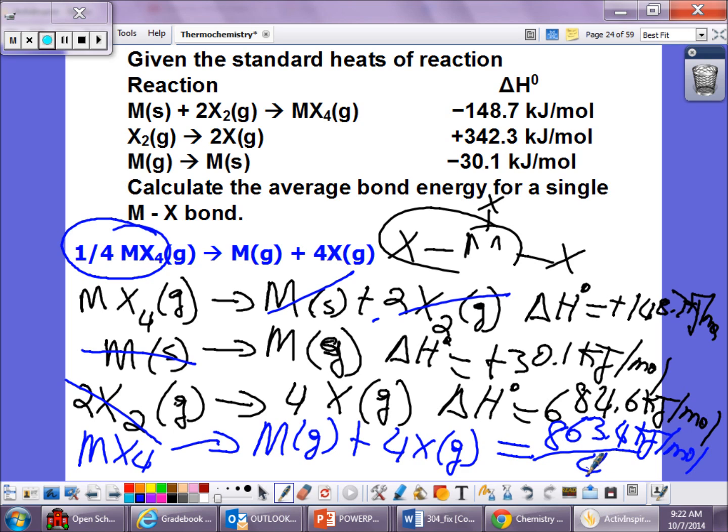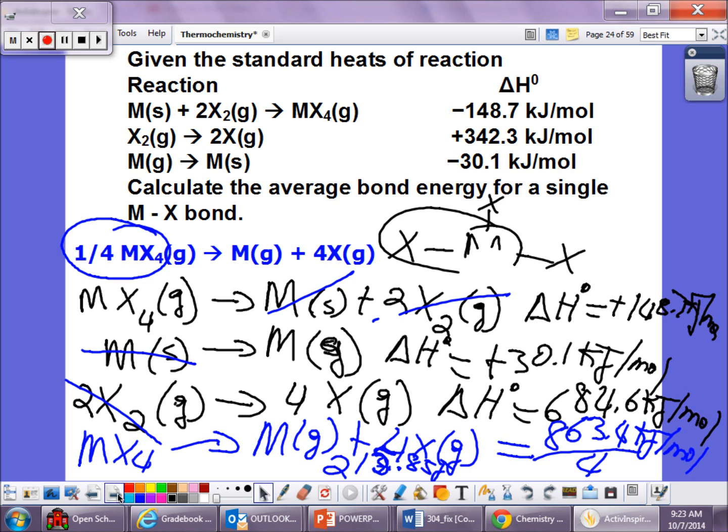The answer is 215.85 kilojoule. So this is the answer. Sometimes they will give you a sentence and they don't give you the target equation. You need to figure it out.